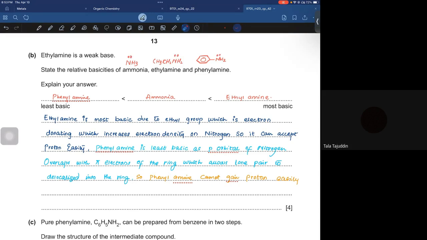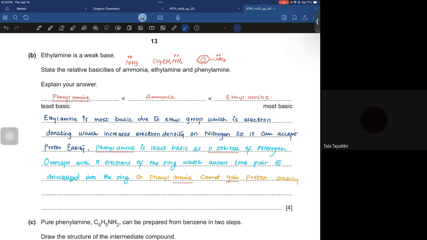Let me tell you something important, okay? This lone pair isn't available. If you ask why, because this lone pair is delocalized into the ring. Because the nature of the ring is electron withdrawing. It can accept electrons. So these lone pairs are delocalized into the ring, so it would not be available to the coming acid.